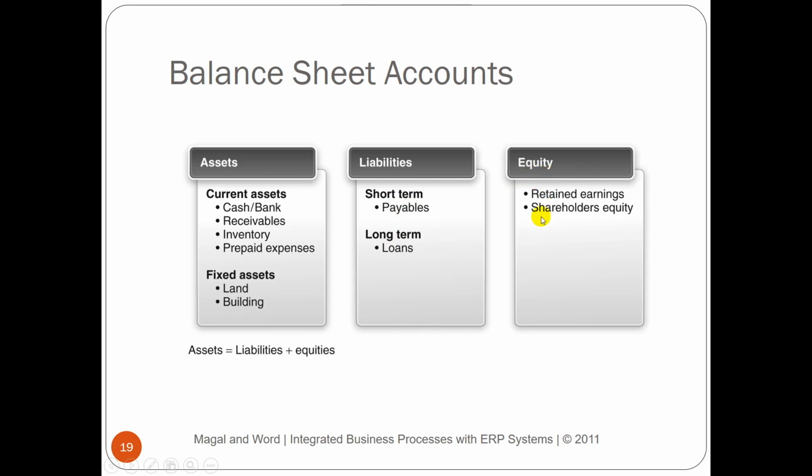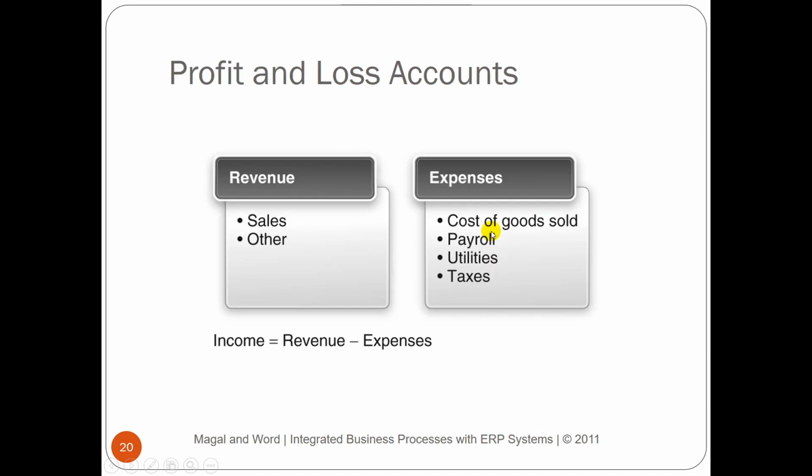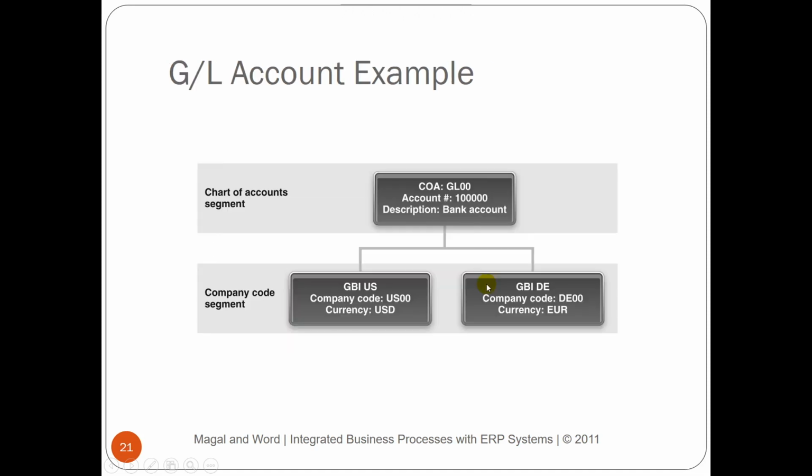Equity is shareholders' equity or retained earnings. The next one is also a very important equation: income is equal to revenue minus expenses. Revenues are like the sales, and expenses are, for example, the payroll or the taxes.